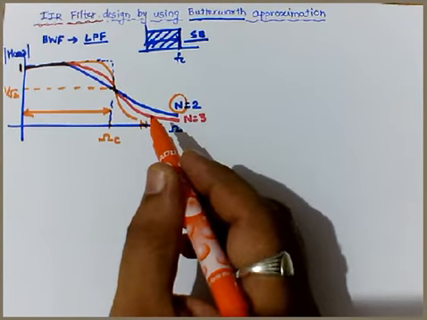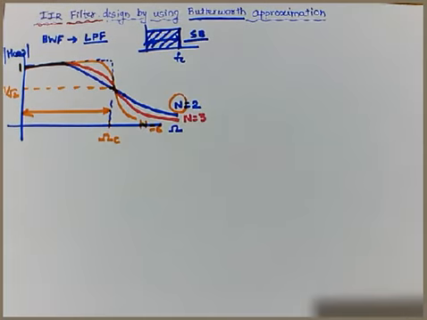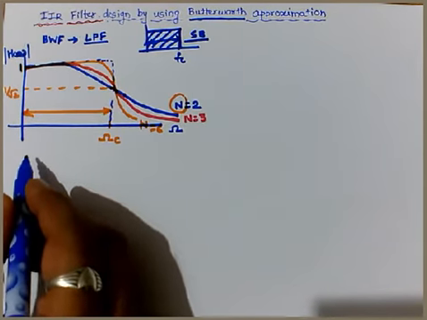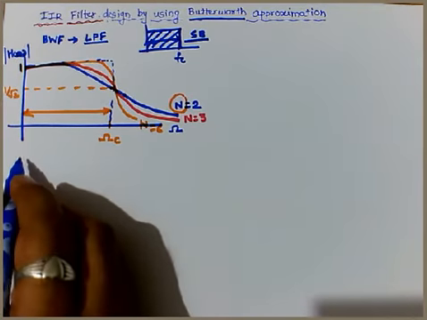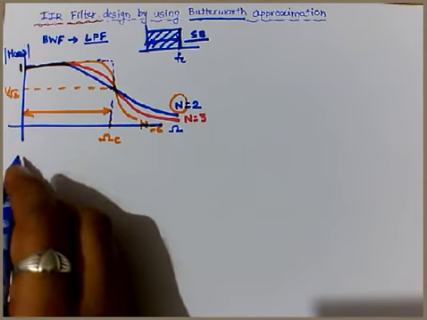In case of this particular filter characteristic, with respect to the equations, it can be written as the magnitude squared response of any low pass Butterworth filter.